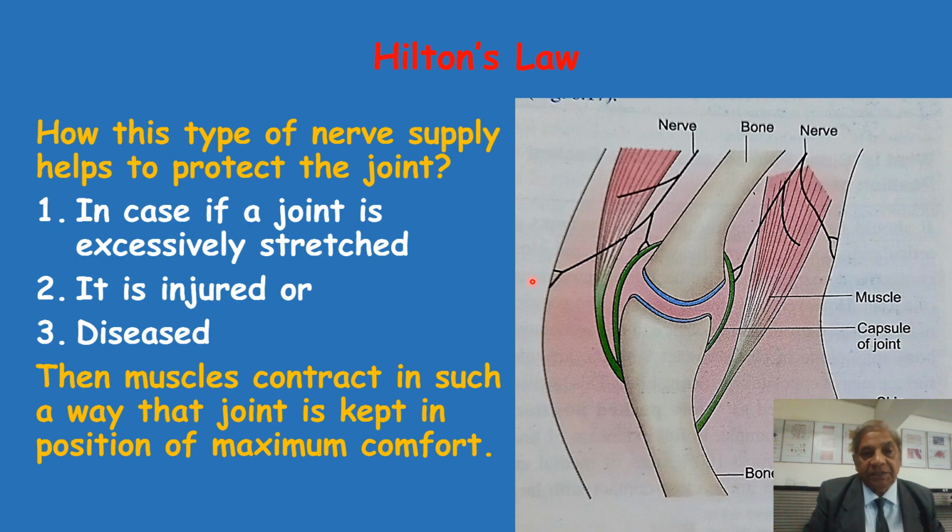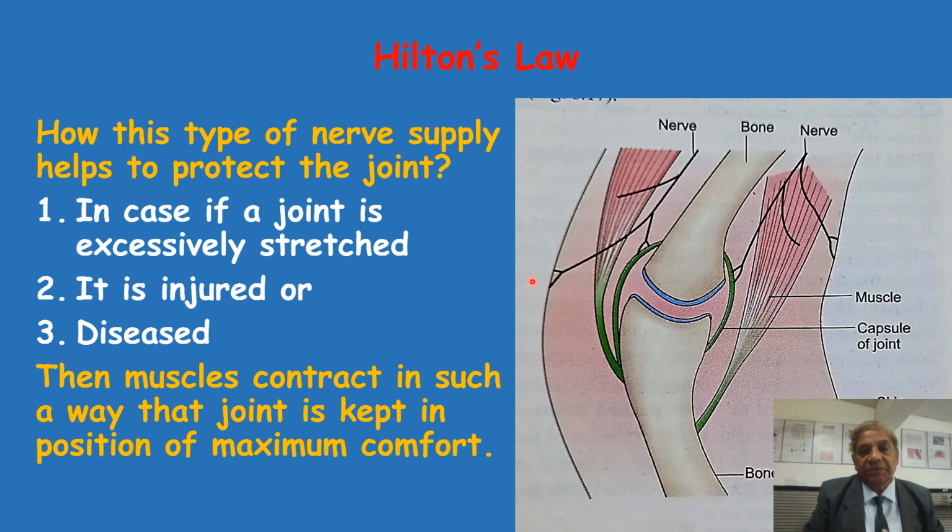In a second condition, if the joint is injured, for example, we may get a sprain where ligaments are injured or the capsule is overstretched and injured, or in case of a disease like osteoarthritis, any inflammatory disease of the joint is always painful. So there may be many conditions in which the joint can be painful.